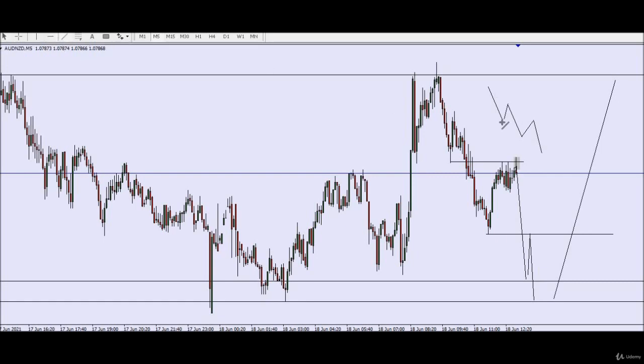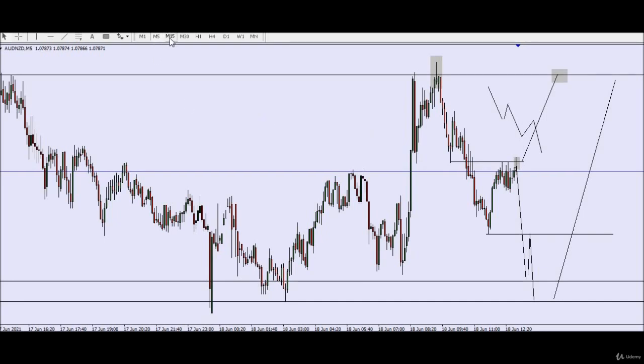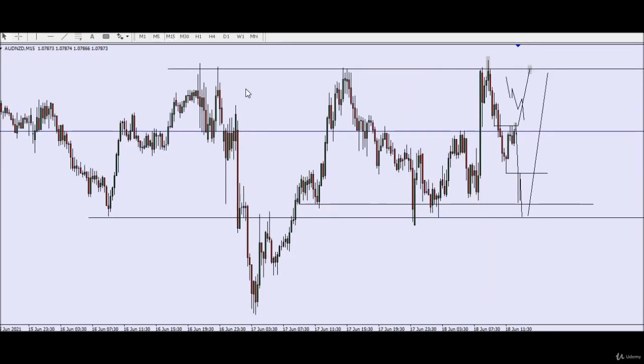And if it goes to the upside here, we need to be careful. Again, this is important level, so if we want to sell here, we want something like this. So nice rejection of this level, and that's all for this pair.